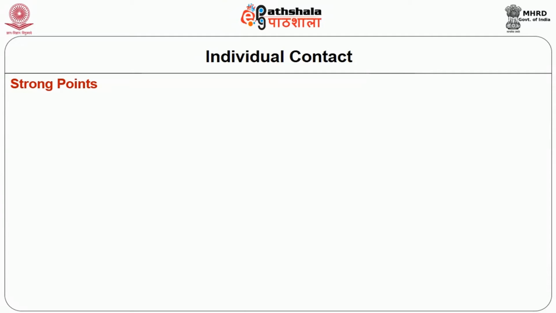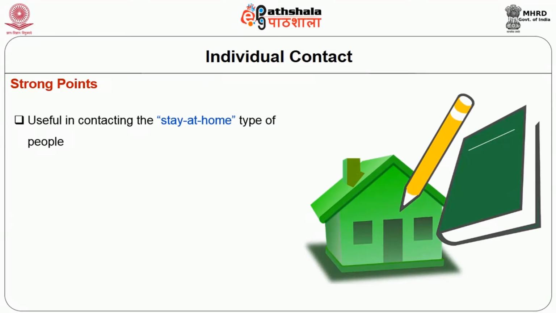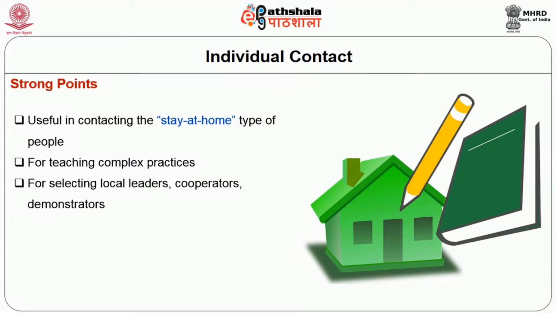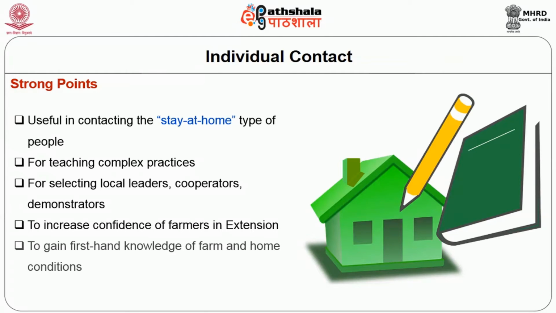Let us see the strong points of individual contact methods. The individual contact methods are useful in contacting the stay-at-home type of people, for teaching complex practices, for selecting local leaders, cooperators and demonstrators, to increase confidence of farmers in extension, to gain first-hand knowledge of farm and home conditions.